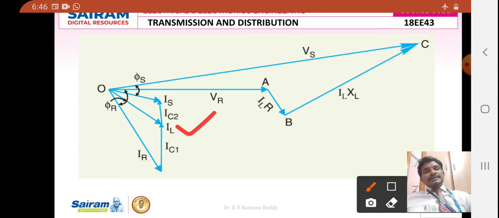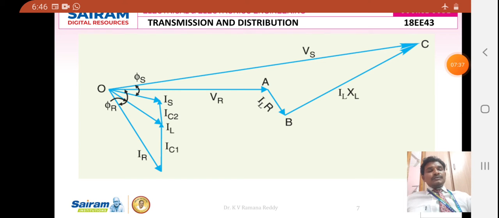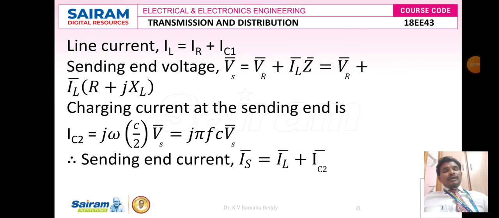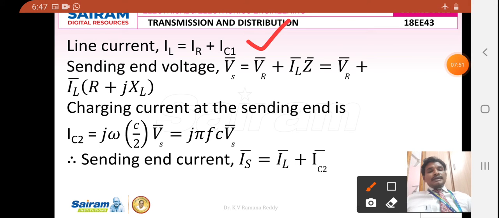So IC2 is always at right angles to IL here. Then the vector sum of IL plus IC2 is equal to IS. So this is the phasor diagram which gives the relation between all the parameters in the nominal pi method. So according to Kirchhoff's current law at the receiving end side, IL is equal to IR plus IC1.